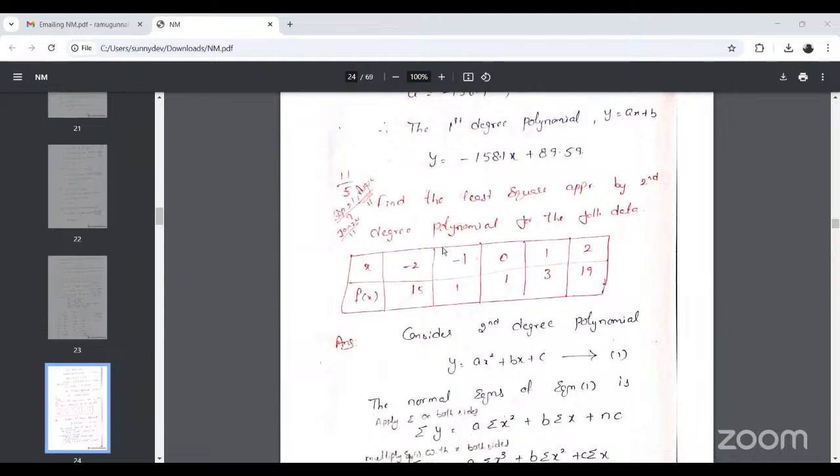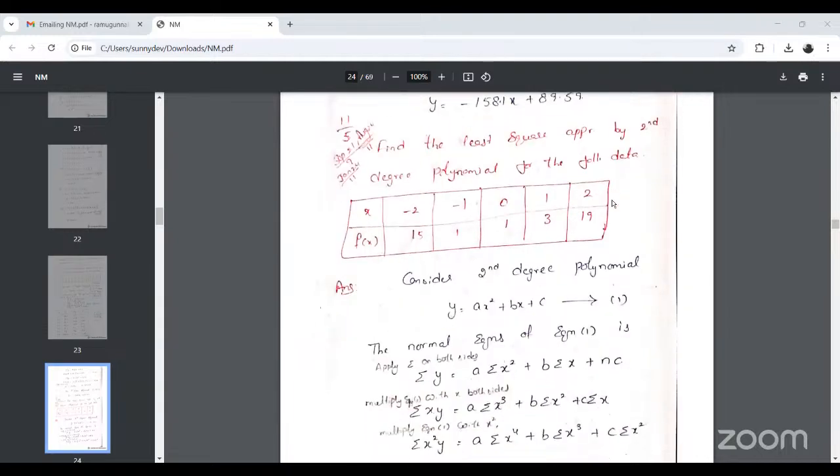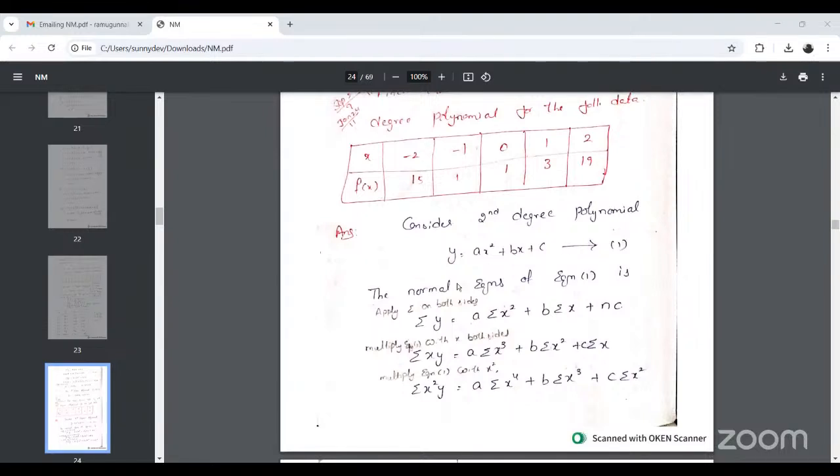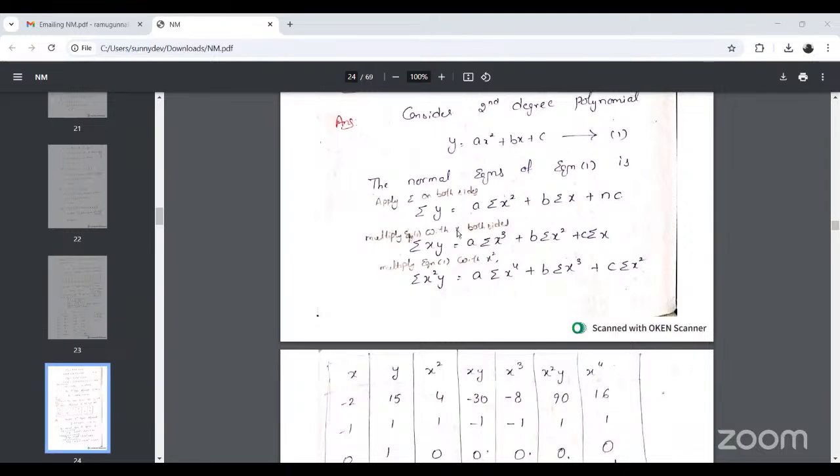And find the least square approximate second degree polynomial from the following table. The second degree polynomial equation is y equal to ax square plus bx plus c. And the normal equations we are getting like this.